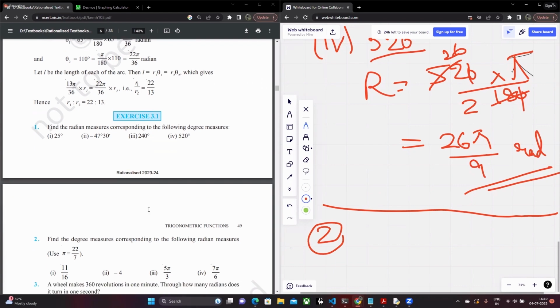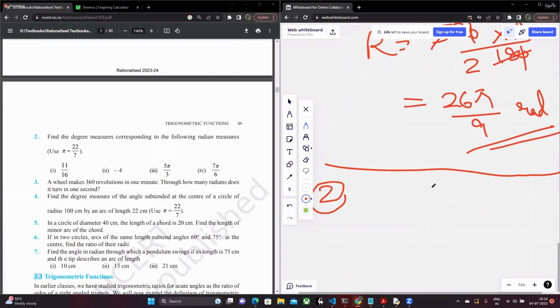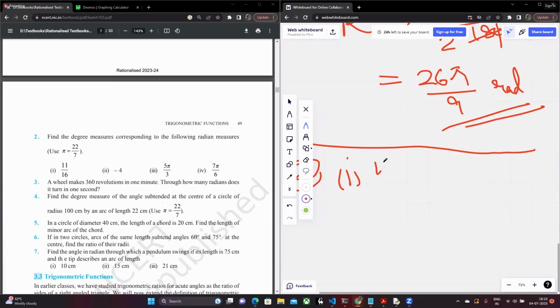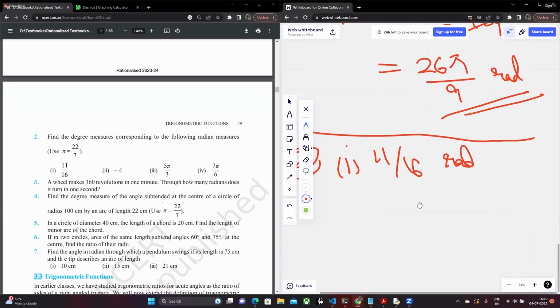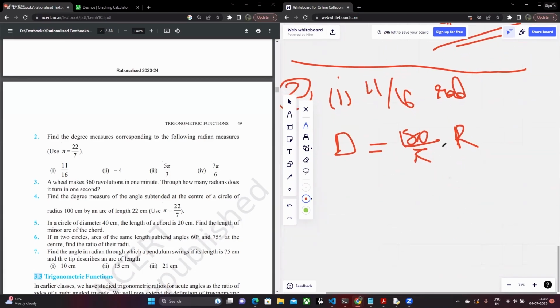Second question. Find the degree measures corresponding to the following radian measures. Use pi equals 22 by 7. Right. So since again pi is 22 by 7, that's a lot. Again, you're going to be fairly straightforward, substituting in the formula. First radian measure given is 11 by 16 radians, right? You know that degrees is 180 divided by pi into the radian measure, right?